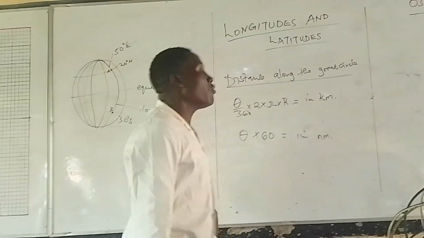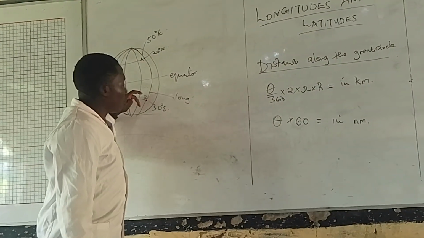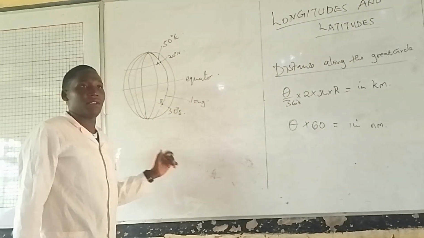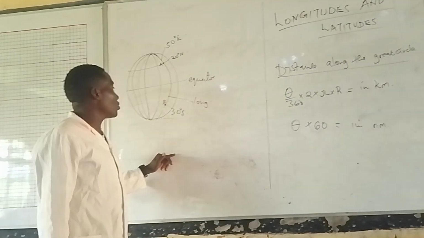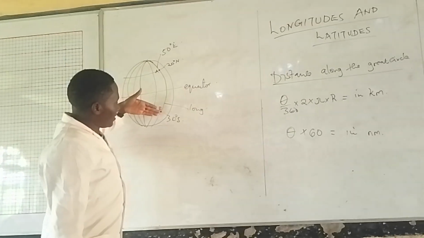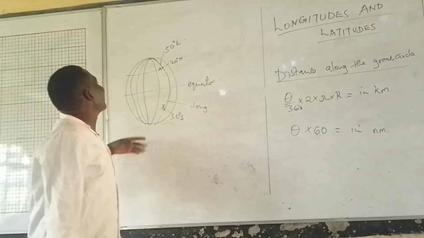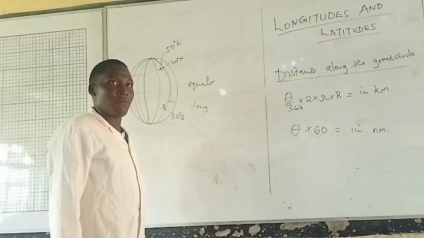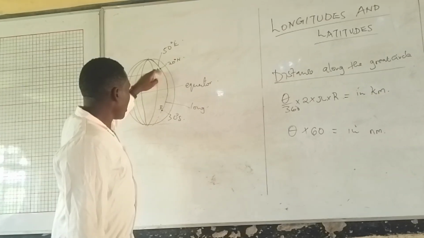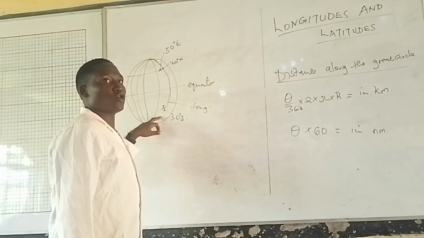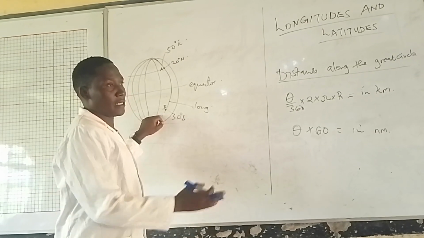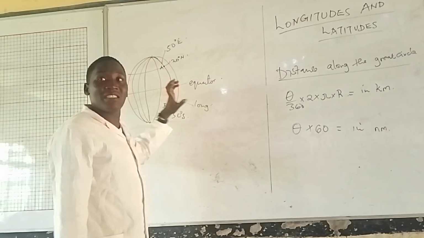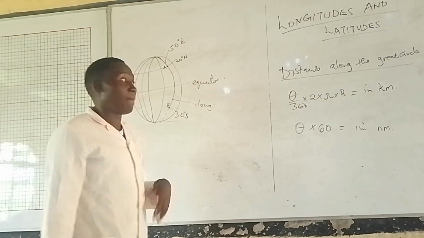If we are moving along this longitude, remember we said that it is the distance along the great circle. We need to get the angle difference first, because we are moving from north to south. One point is south of the equator, and the other point is north of the equator, so I'm going to add the angles.